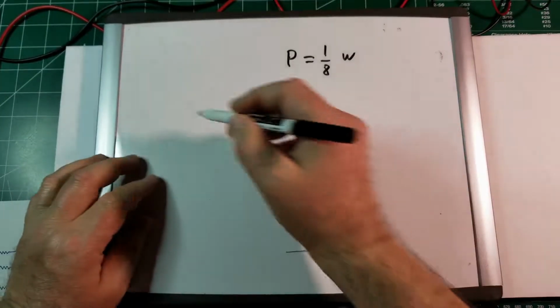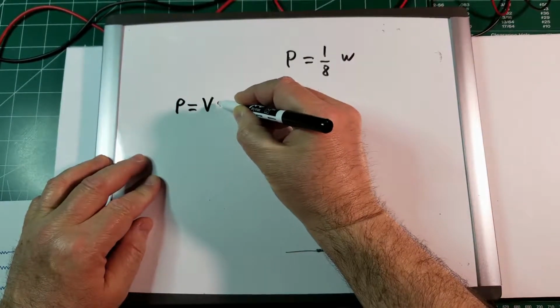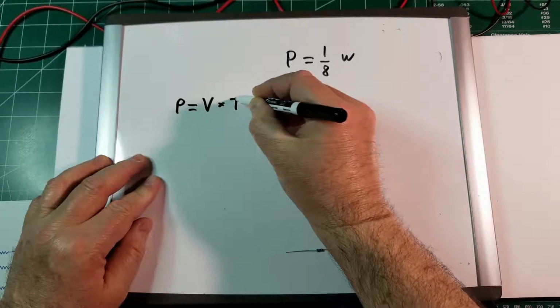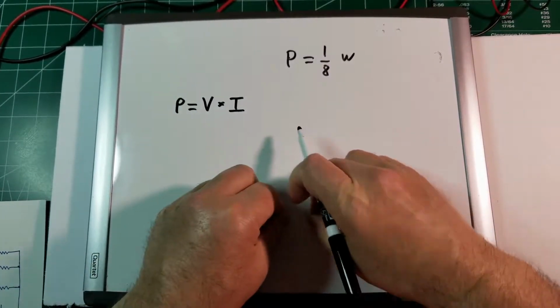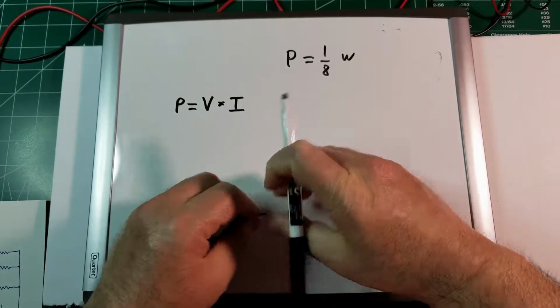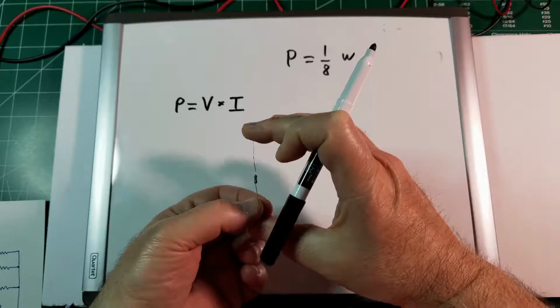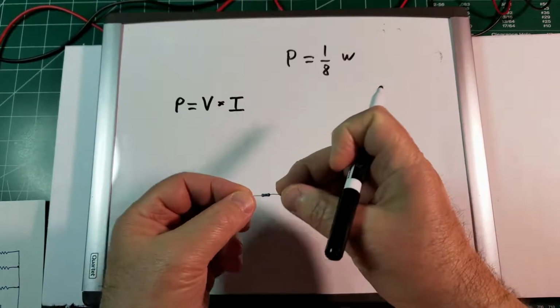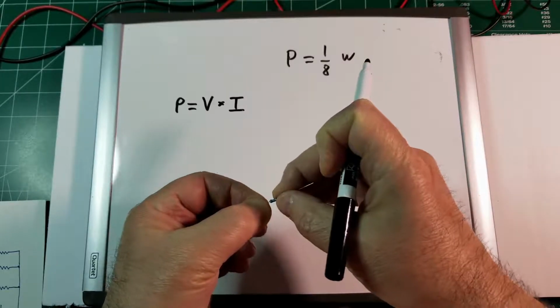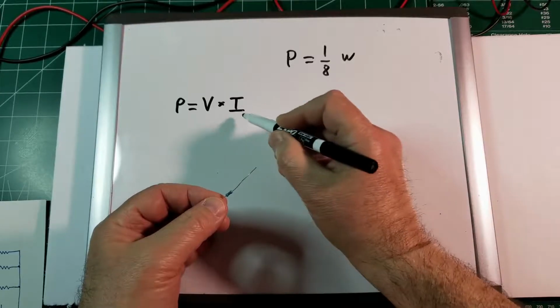Why I'm saying that? Because the power in electric terms is expressed by the multiplication of voltage times current. So, if I apply a certain voltage at the ends of a resistor and it flows a certain current through it, the power that is dissipated by the resistor is equal to the product of these two quantities.